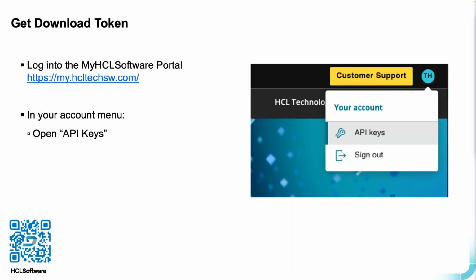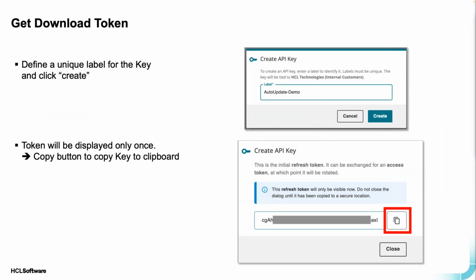If you open that, you can create a new API key. You will be prompted to provide a label. The label is just a name that you can remember, has no special meaning other than being unique for your environment. Once you do that, you get an API key displayed and you copy that to your clipboard.